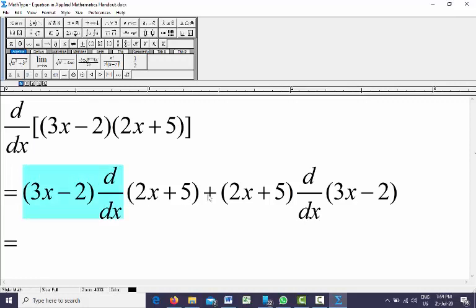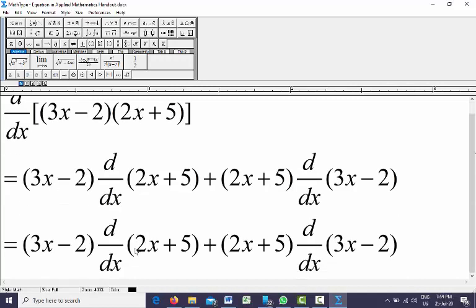Right. So now, always remember, whatever you have in front of d by dx, we will do differentiation of that one only. So here this one is behind d by dx, you don't need to do differentiation of this one.